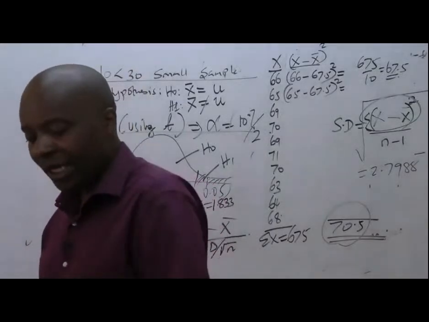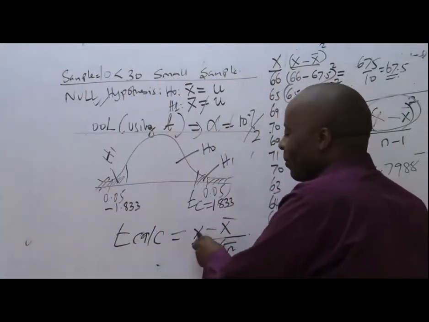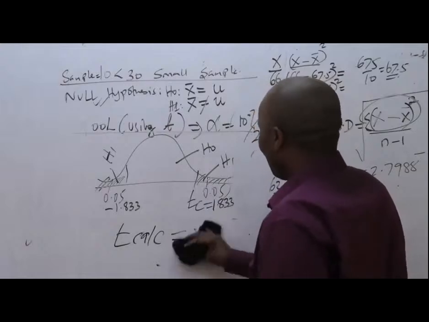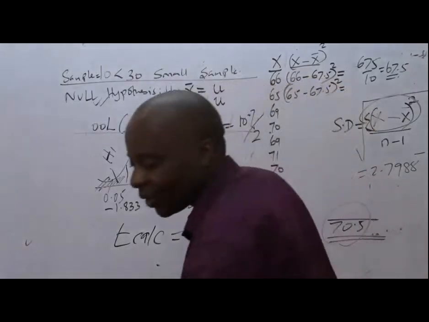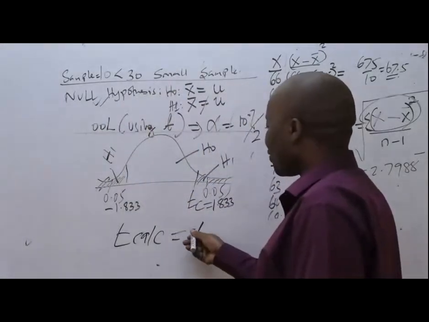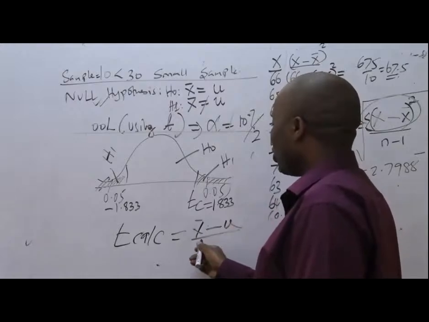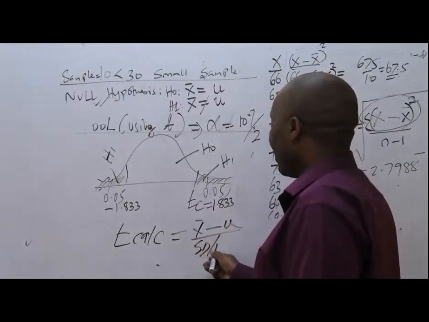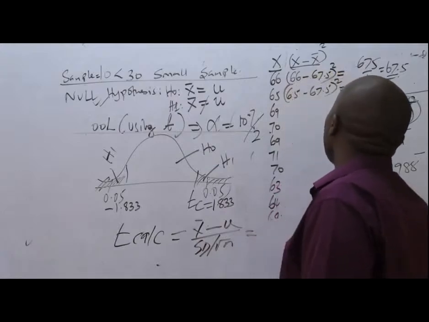Remember, if you remember the Z, the formula here is X bar minus mu, all over standard deviation divided by root n. So it will be X bar, you guys got an X bar of what figure?